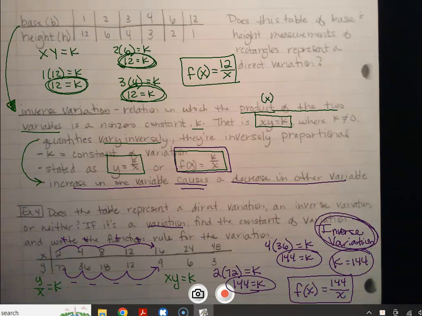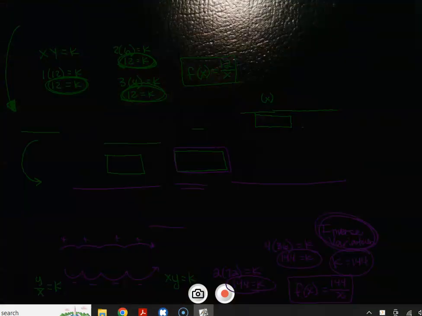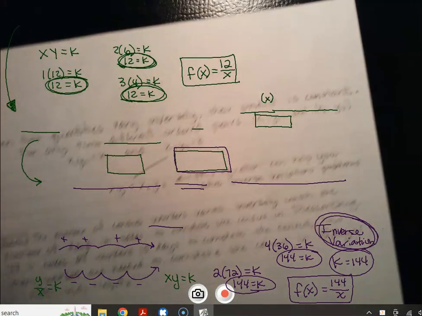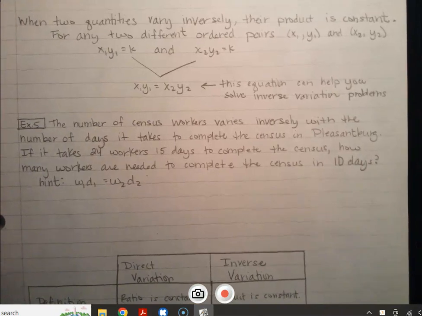All right, then let's go to this last page. So when two quantities vary inversely, their product is constant. So we're just restating that.